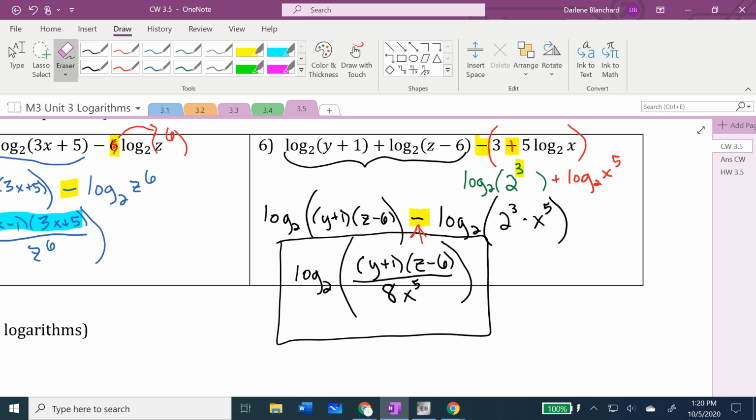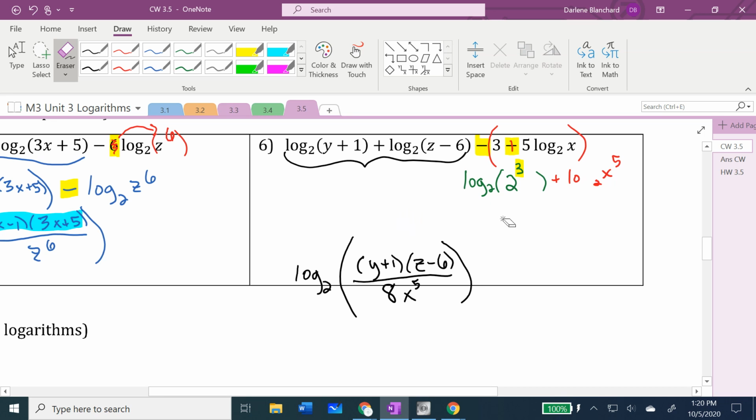I'm going to erase everything except the answer, because I want to clarify that issue with the subtraction, because it's just one of those really annoying issues that get in the way.